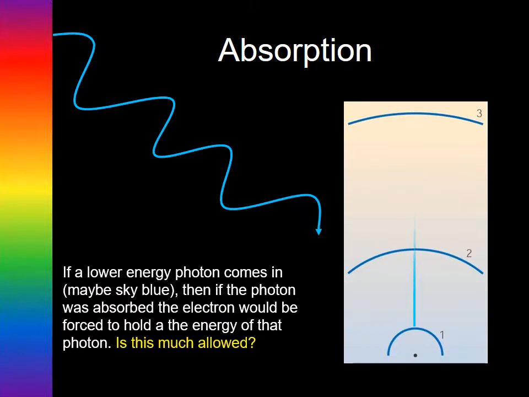So what if something lower in energy came in? Maybe sky blue. That means that if the atom absorbs that photon, it's getting slightly less energy, maybe this amount, and you can see if that energy is given to the electron, it will jump up to that highest energy level. This is an allowed energy level. Therefore, it must be accepted.